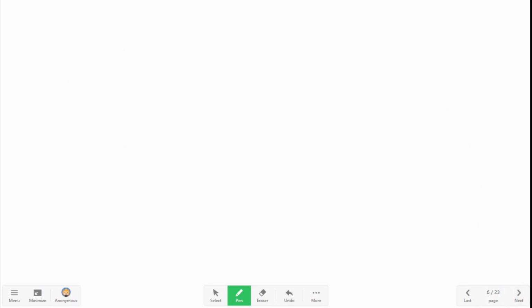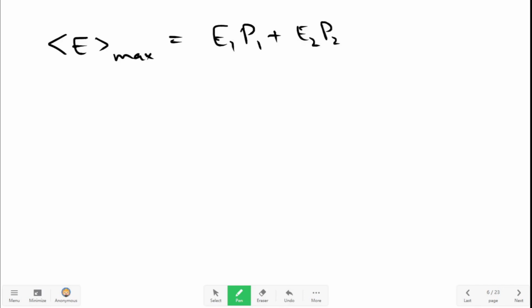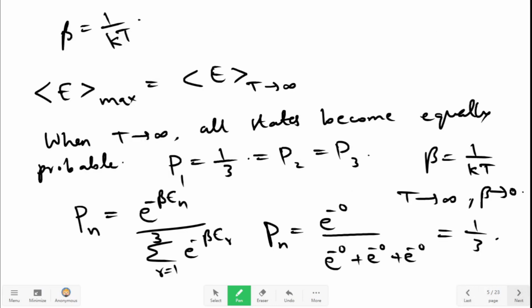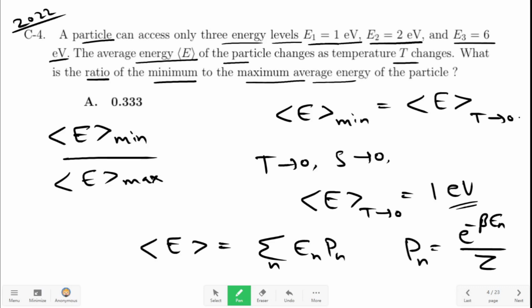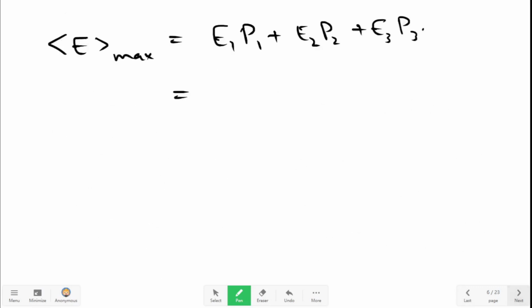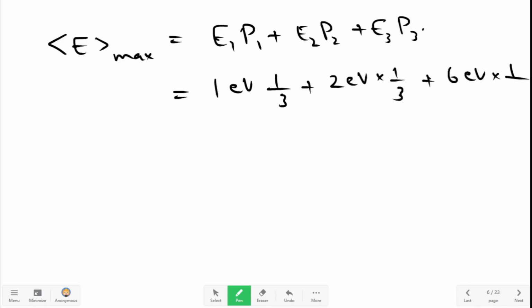Therefore, average energy maximum is equal to E1 P1 plus E2 P2 plus E3 P3, which is equal to, E1 is 1 eV, E2 is 2 eV, and E3 is 6 eV. 1 eV times P1, which is 1 by 3, plus E2, 2 eV, times 1 by 3, plus E3, 6 eV, times P3, which is also 1 by 3.